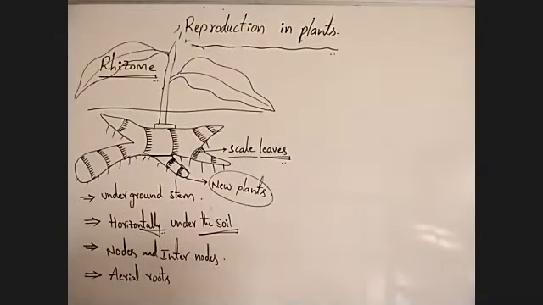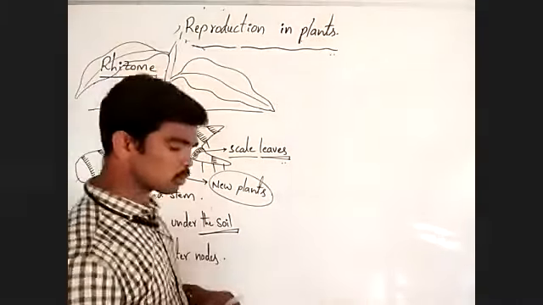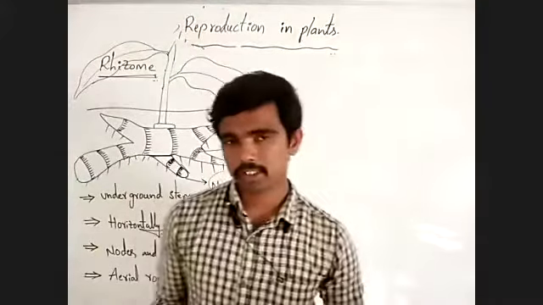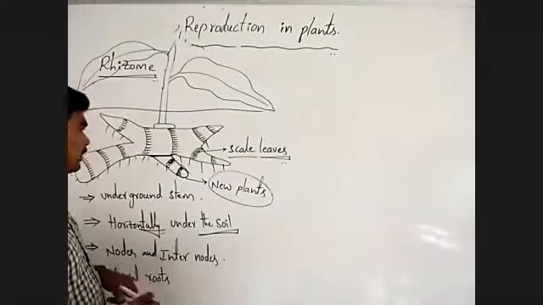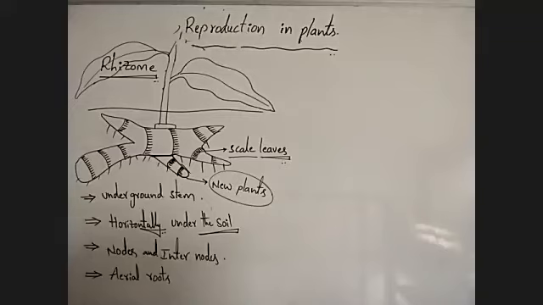This is also one type of vegetative propagation through stem. Are you understanding? Observe carefully. It is also an important type.